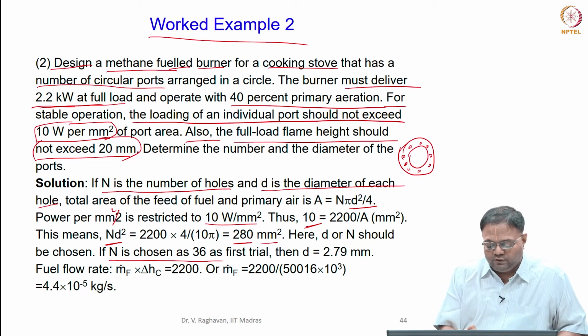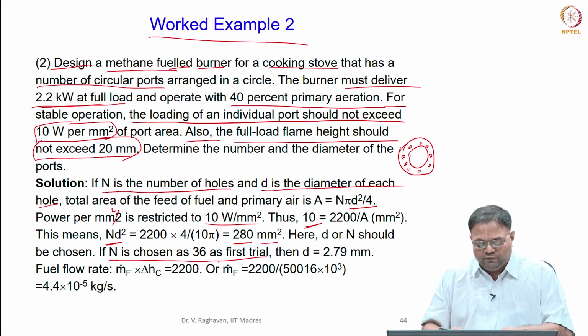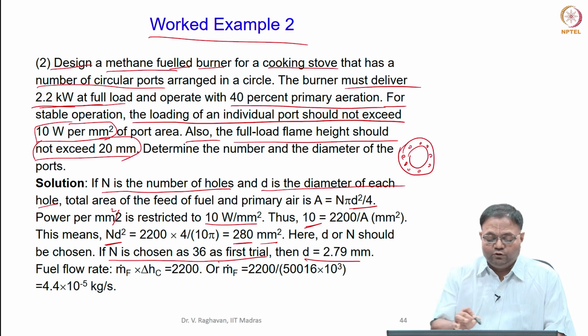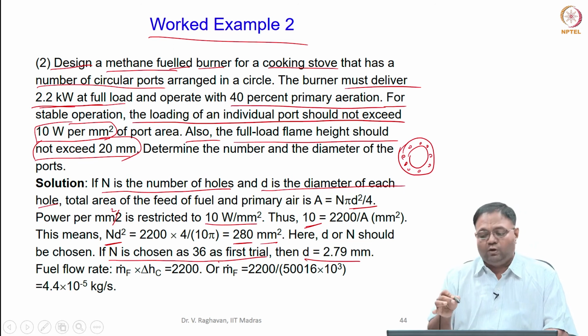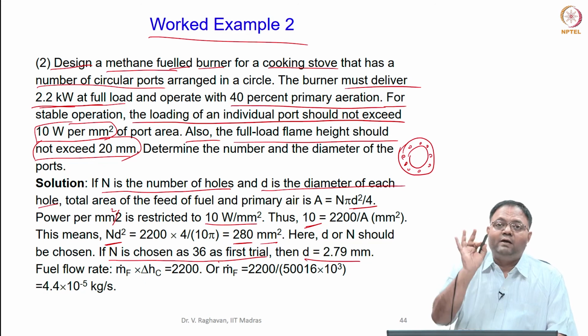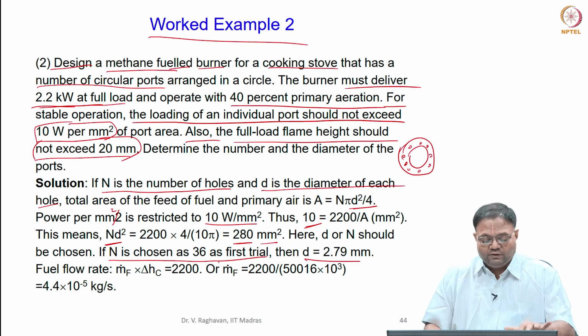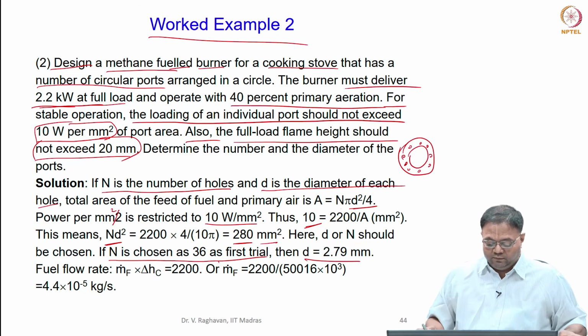So, n is chosen as 36 as a first trial. Let us see whether this is the last trial or not, because if I choose n and decide on d like 2.79 mm, one constraint of 10 watt per mm square has already been met, and another constraint is that the flame length should not exceed 20 mm. If this constraint is also met, then we are done, that is it.